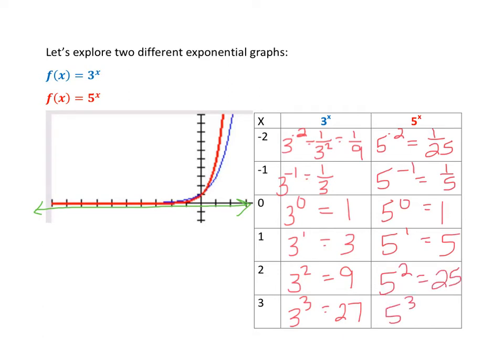And 5 cubed is 125. Again, getting exponentially bigger this way and getting closer to 0 this way. So I would have a horizontal asymptote at y = 0. I don't have a vertical asymptote, because my x is going to keep getting bigger and bigger.